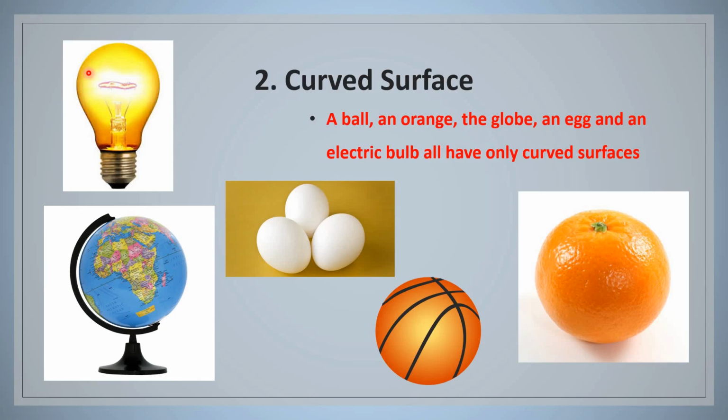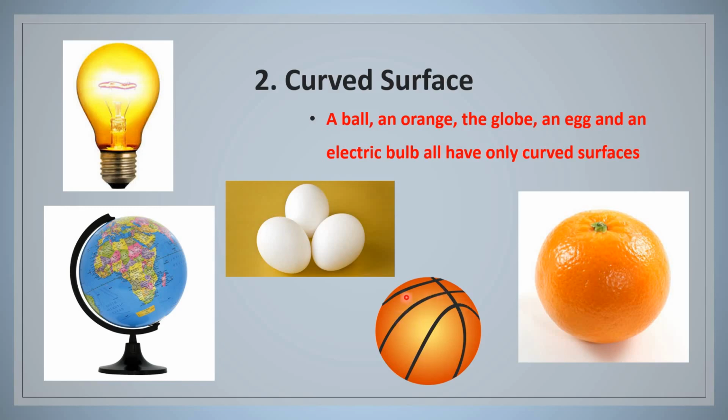In the flat surfaces we studied, all were plain, like a book, a blackboard, a table, a floor. Now in curved surface there are curves. In the bulb, this is the curve. In the globe, there is a curve. So basically it is circular in shape. Again, the egg has an oval shape. So there is a curve again. It is not flat shaped.